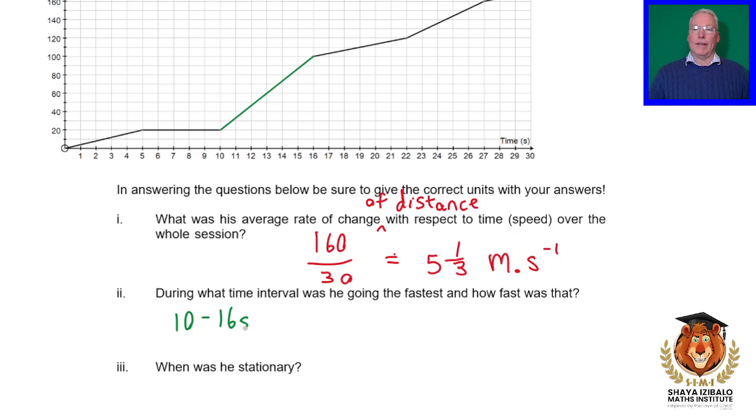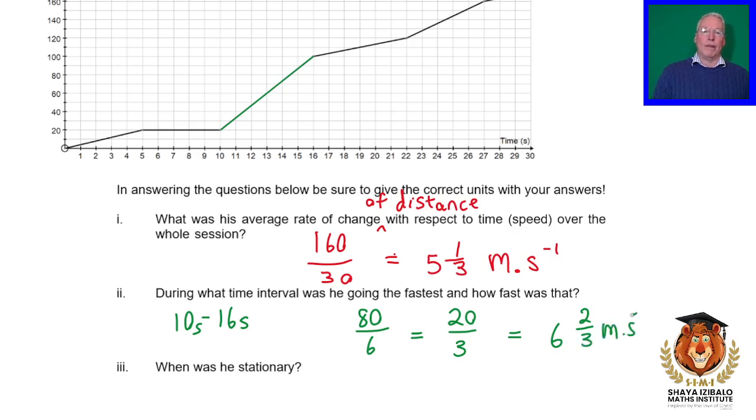And the speed: at 10 seconds he had covered 20 meters, but by 16 seconds he had covered 100 meters. So the speed would be 80 meters over 6. This person is ridiculously fast. 80 over 6 is the same as 20 over 3. It's the same as 6 2/3 meters per second.